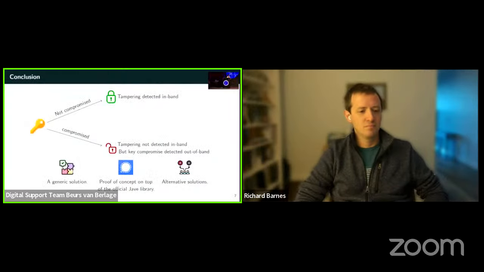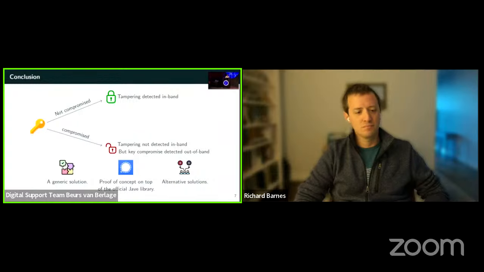And therefore, we have those two cases where either the long-term key is not compromised, and thus our generic extension will ensure that tampering can be detected in-band, and so it is some kind of post-compromise security against active adversaries.